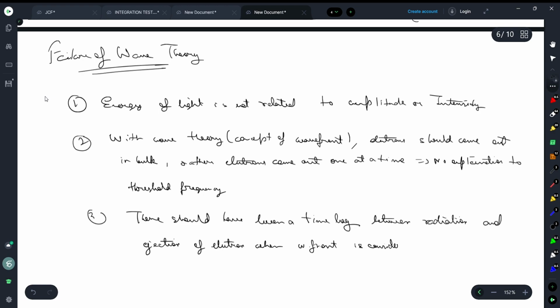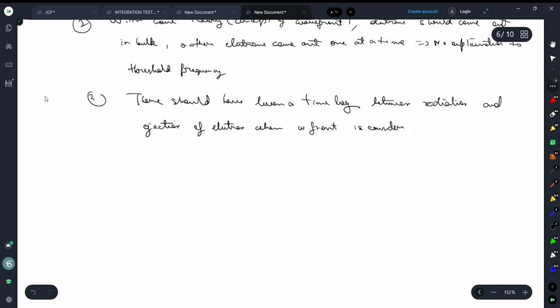As I am explaining this one at a time, let's see. Now we assume the processes as given by wave theory and we say why these things are not applicable.